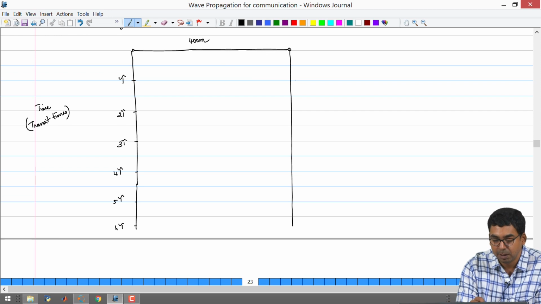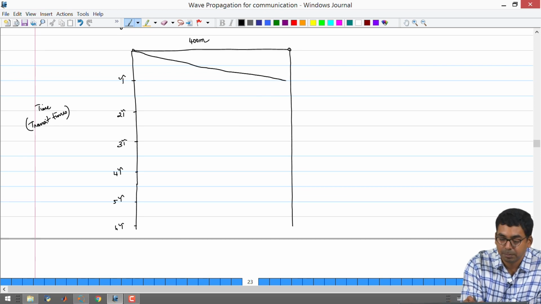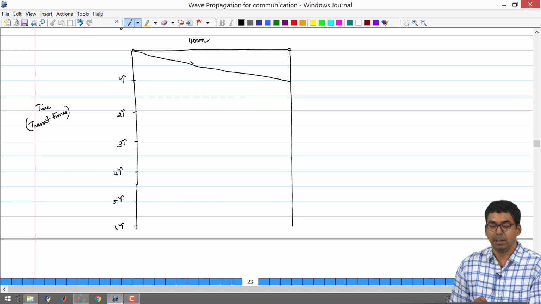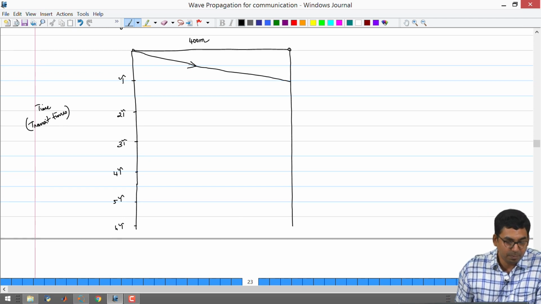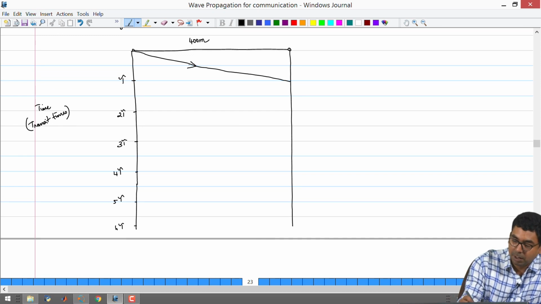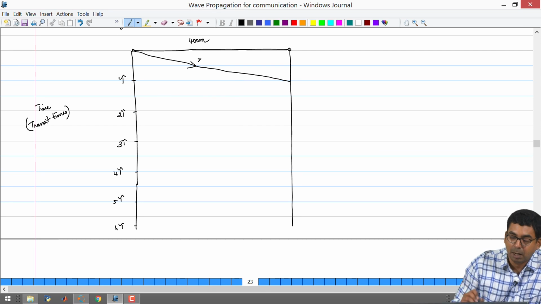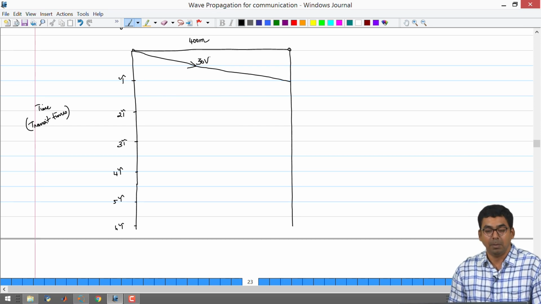So, we take the coordinate corresponding to one transit time on the other side, and we draw a line connecting this and mark an arrow saying that the voltage is traveling in this direction in the transmission line. To be clear about the value, you can indicate 30 volts traveling from left to right in the transmission line.